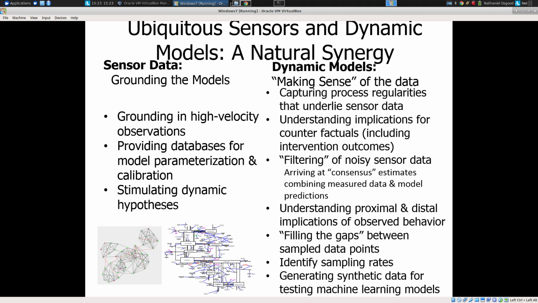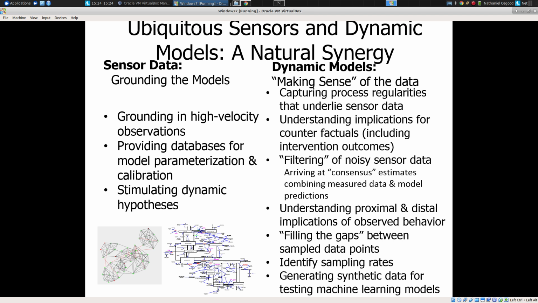Dynamic models can help us make sense of this cacophony of data, capturing the underlying regularities that help explain it, helping us reason about counterfactual interventions that are different from what we've seen, but can benefit from that knowledge of what we've seen through incorporation in a model that we can then ask what-if questions.